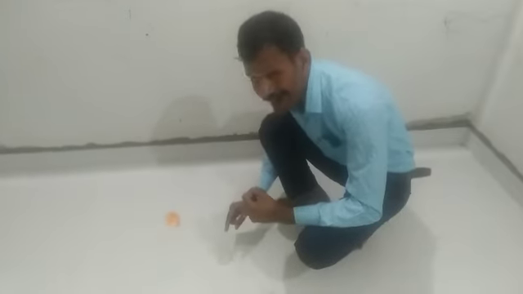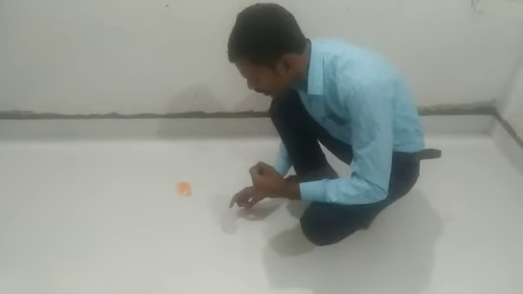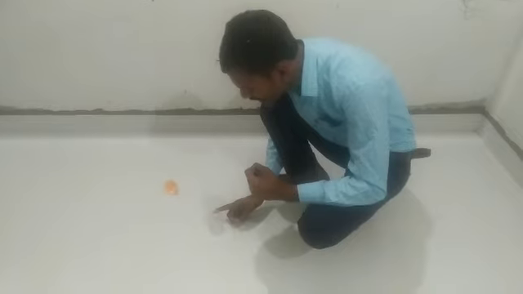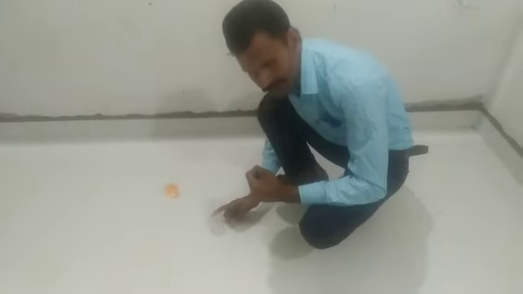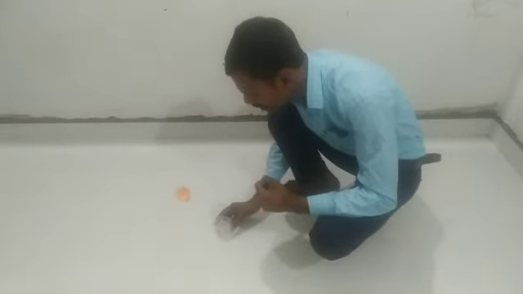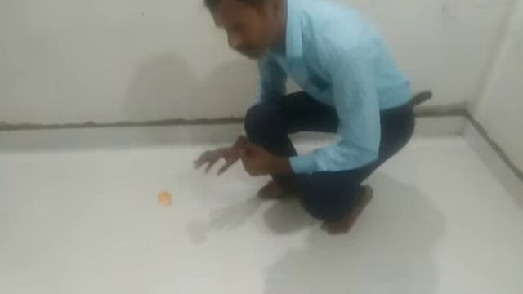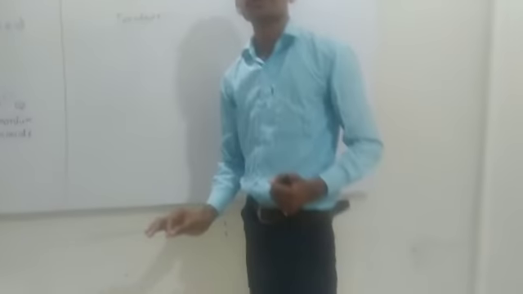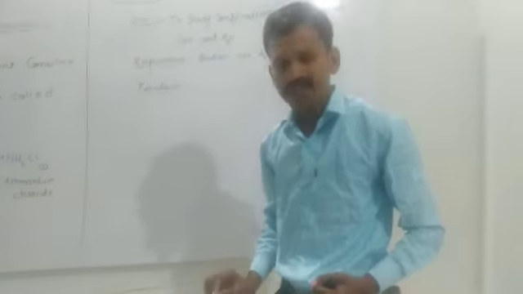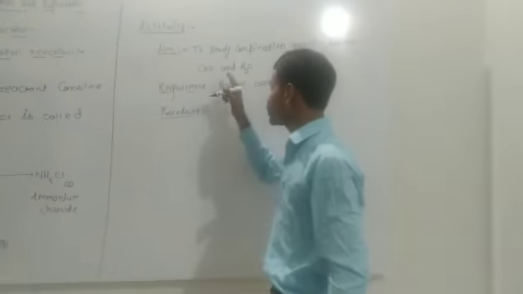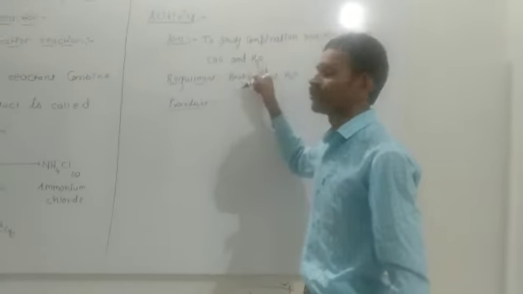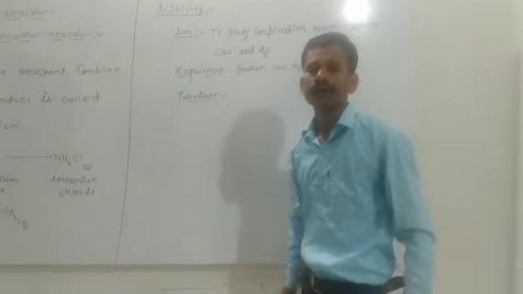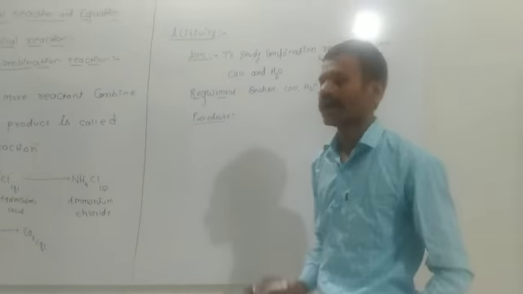In this reaction, calcium hydroxide is formed, and when I touch this beaker, it is heated. Okay, it has now become hot. So this type of chemical reaction takes place: combination between calcium oxide and water. This is the simple procedure.